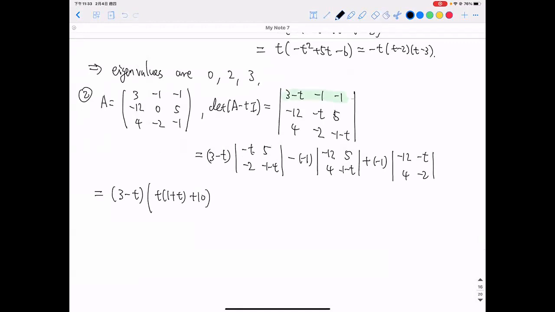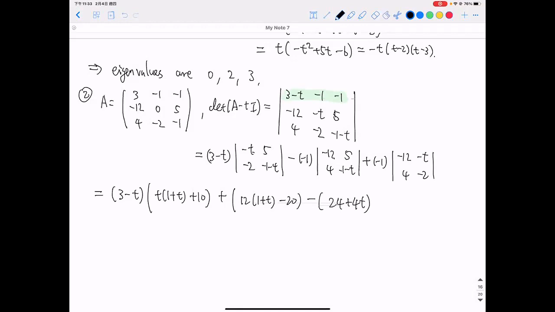Right? Yes, and then plus, what do we have here? 12 times 1 plus t, right? Minus 20. Then minus 24 minus minus negative 4t, so plus 4t.